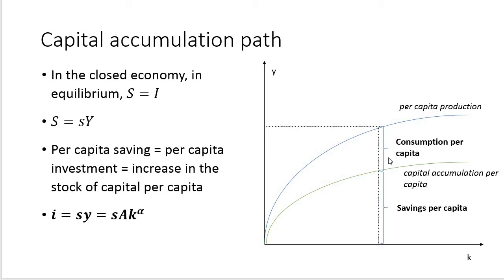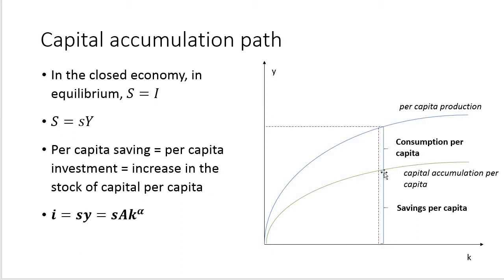So for any given level of capital, you have corresponding level of output or income. So let's say for this level of capital stock, we have this value of income. And this total income can be easily decomposed to savings per capita and consumption per capita. So what is between capital axis and capital accumulation per capita path is described as investment per capita, and what is between income and investment per capita is consumption.